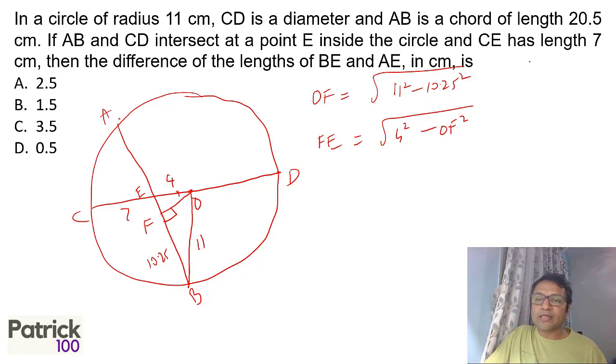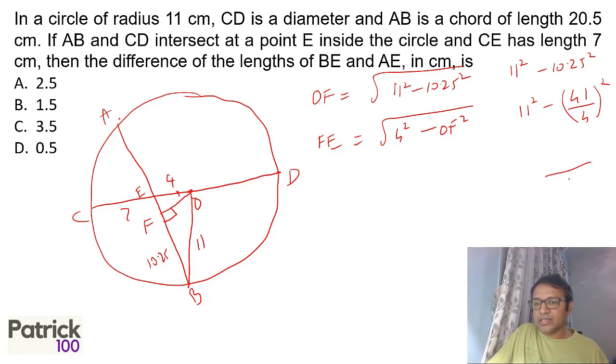So first, OF square is 11 square minus 10.25 square. 10.25 can also be written as 41 upon 4 the whole square. Taking 16 common, it becomes 44 square minus 41 square, over 16. 44 square minus 41 square is a plus b into a minus b, which is 3 into 85.